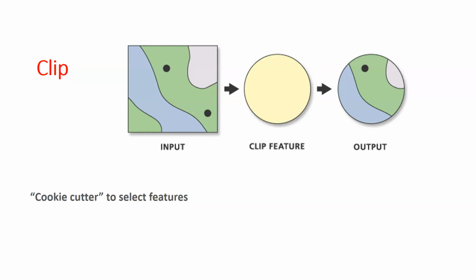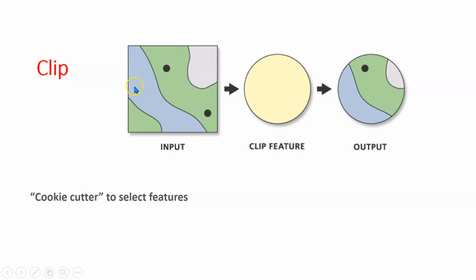So the outline of California would be your cookie cutter, and you would then cut only cities that fall within the region or the polygon that outlines California, and all the other cities would not be present in the output. So in the output, you would only have points or polygons representing cities in California, and the rest of the United States would be discarded.